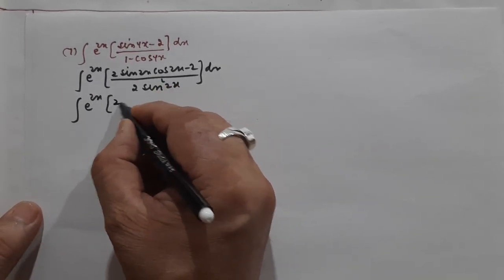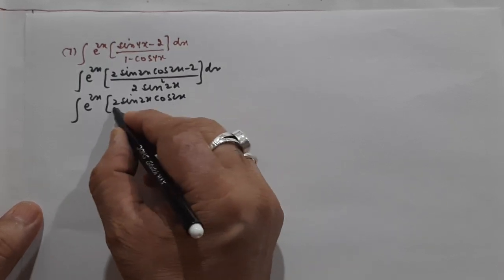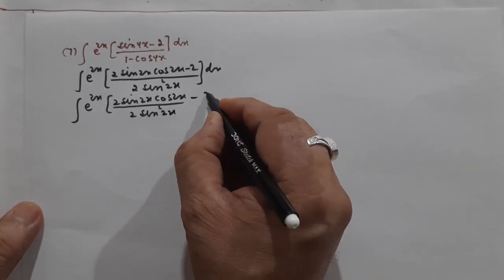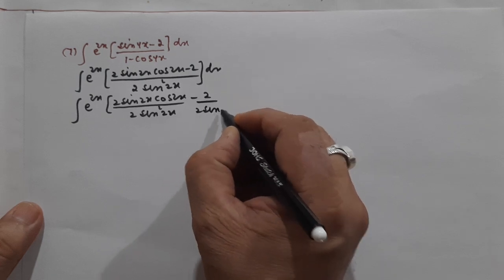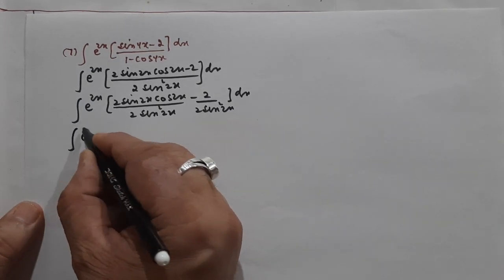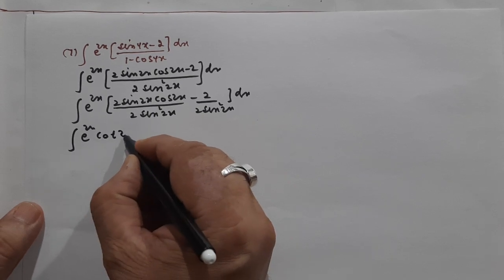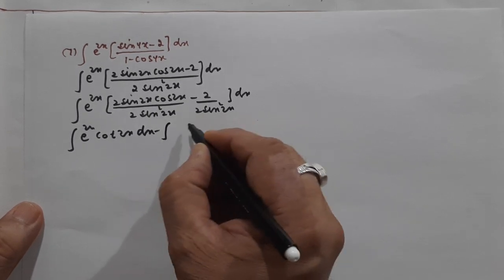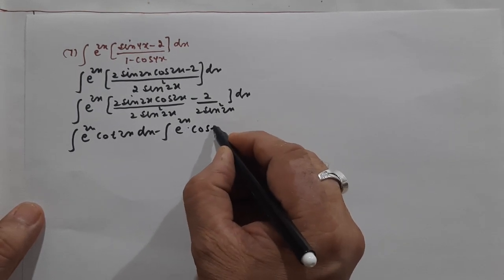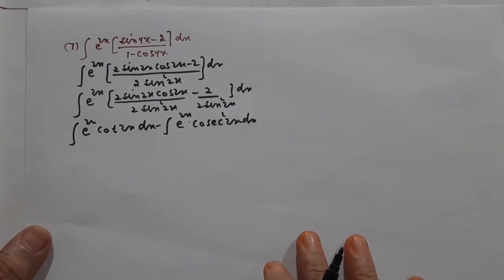Now on separating we are getting 2 sin 2x cos 2x upon 2 sin square 2x, minus 2 upon 2 sin square 2x dx, like this. Now on solving it we get cot 2x over here, minus on this side we get e power 2x, and 1 upon sin is cosecant square 2x dx.